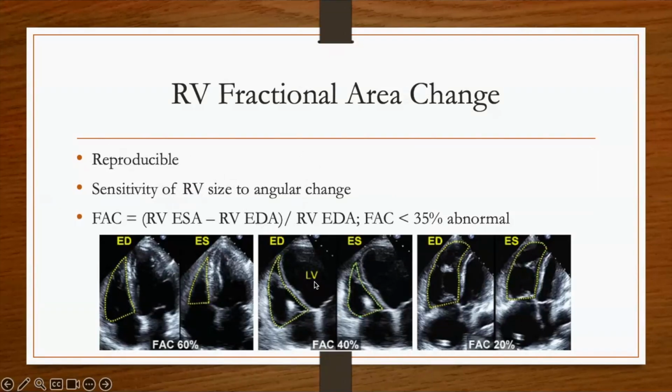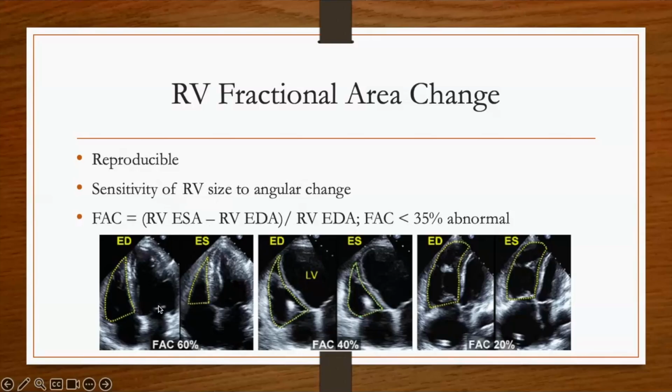This looks at the change between right ventricular end systolic area and end diastolic area, with a cutoff of less than 35 being abnormal. And again, it is the tracing of the inside of the right ventricle that requires a good quality image to be able to see the endocardial definition.